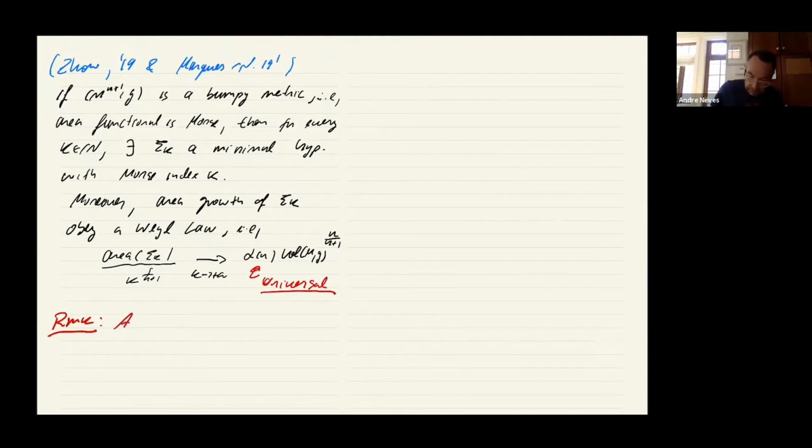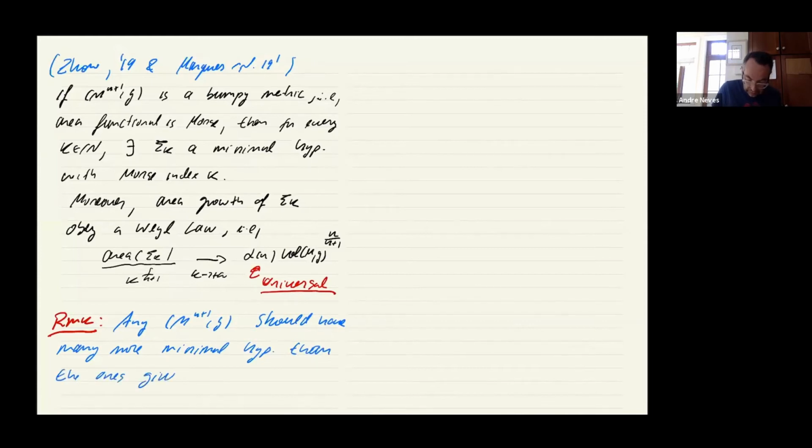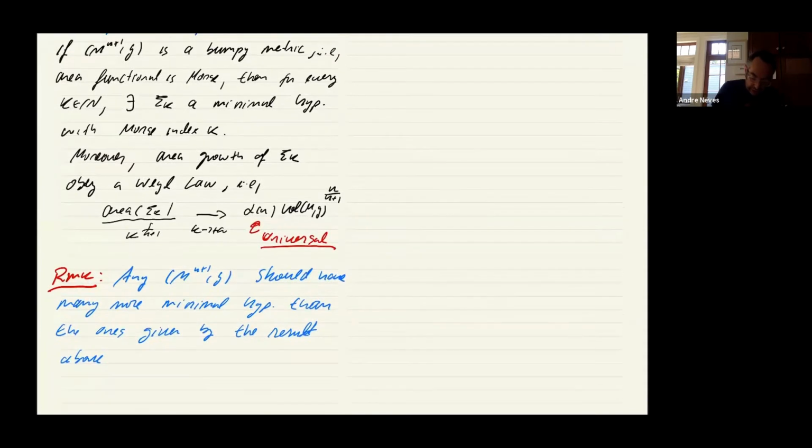Any manifold should have at least many more minimal surfaces than the ones given by the result above. But the overall picture is not clear yet.